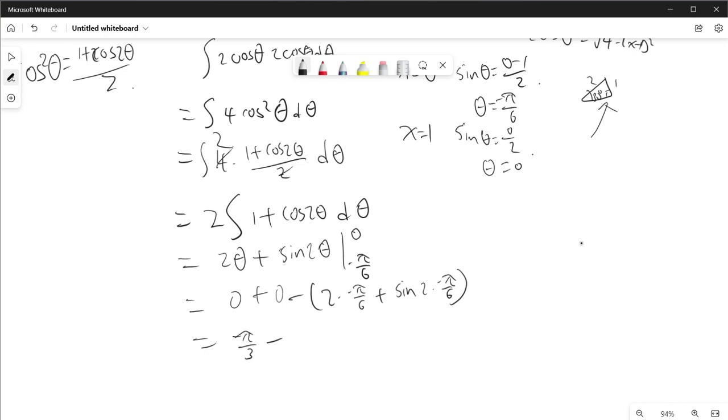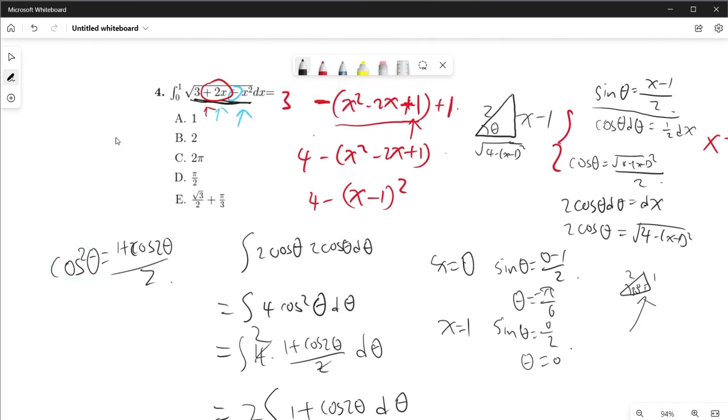It would just be the negative of that, since sine 60 degrees would be root 3 over 2. Then this would be negative root 3 over 2. So we have pi over 3 plus root 3 over 2, which is answer choice E.